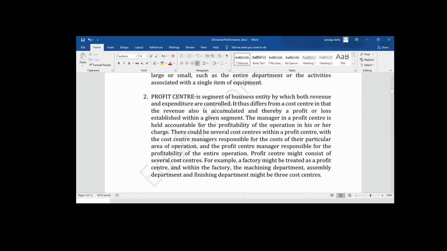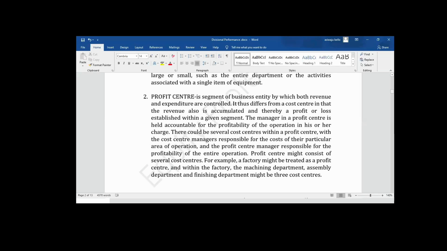The manager of a profit center is held responsible for the profitability of the operation under his control. Is that point clear? In a profit center, you are allowed to generate revenue and to incur cost, hence you can determine your own profit.